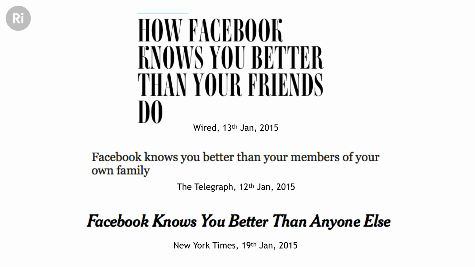One of the issues I have is about how these sorts of things are reported in the media, because this is how Kosinski's original paper was reported. How Facebook knows you better than your friends. Okay, that's fair enough. Facebook knows you better than members of your own family? Then this one's my favorite, the New York Times: Facebook knows you better than anybody else.